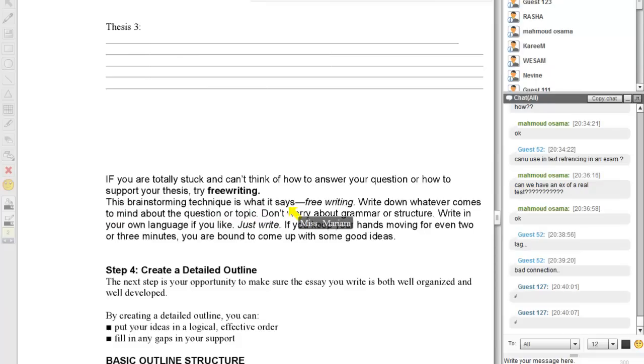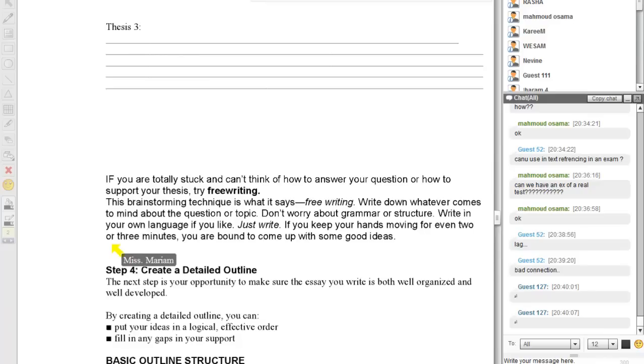This brainstorming technique is what it says. Free writing. Write down whatever comes to your mind about the question or the topic. Don't worry about grammar structure. Write in your own language if you like. You may use Arabic or Turkish, whatever your mother tongue is. Just write.